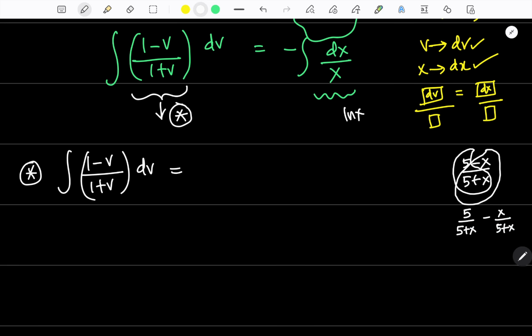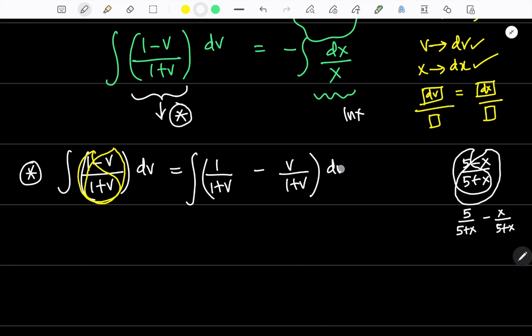In the same manner, I'm going to do 1 divided by 1 plus v minus v divided by 1 plus v. So it gives the integral of 1 divided by 1 plus v minus v divided by 1 plus v, close the bracket, into dv.